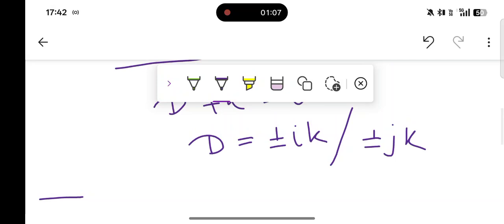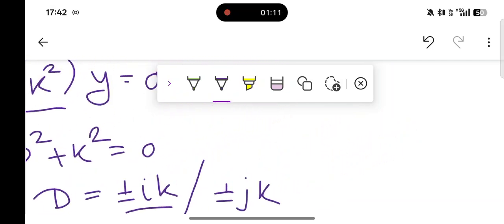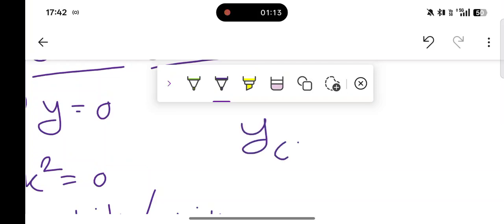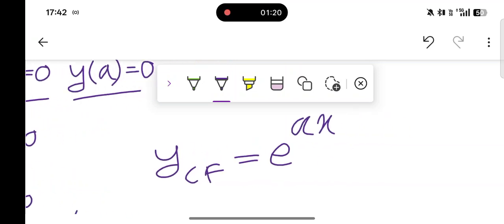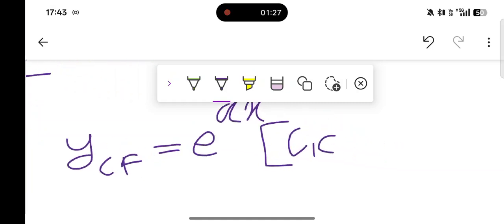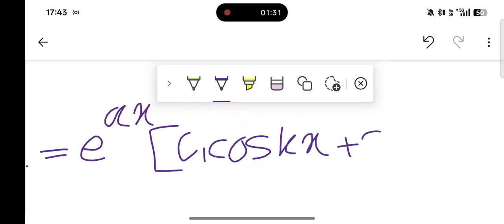However, in this case D is a complex number, right? So what will be the value of the CF? The value of the CF will be e to the power alpha x into c1 cos kx plus c2 sin kx.